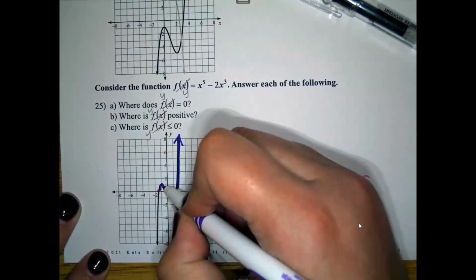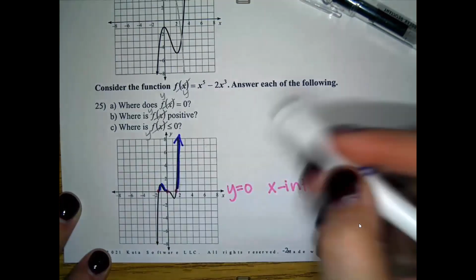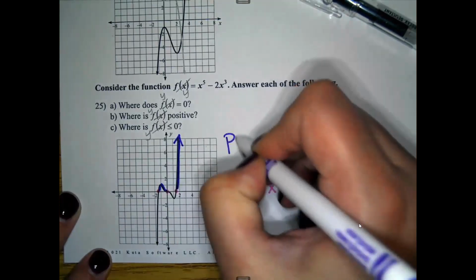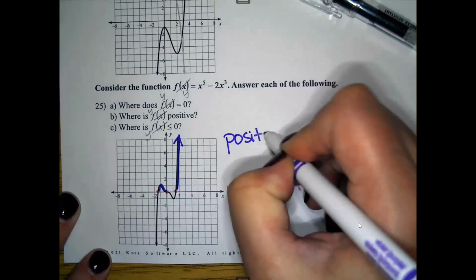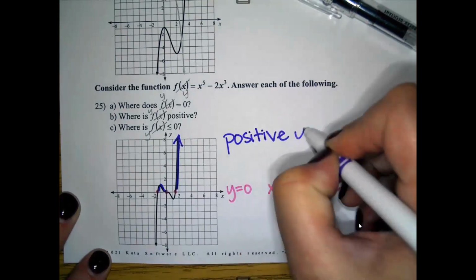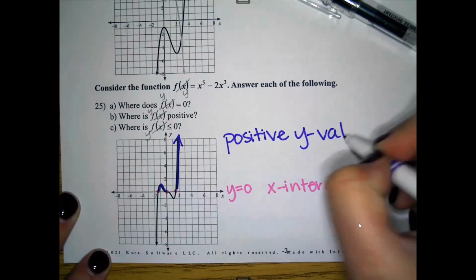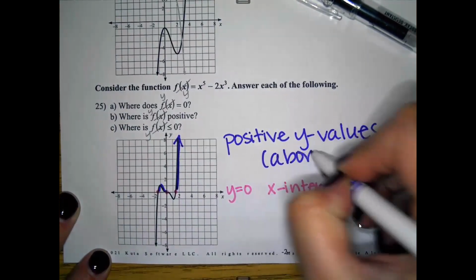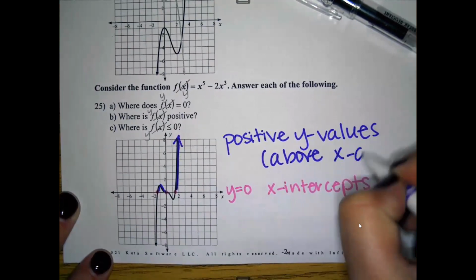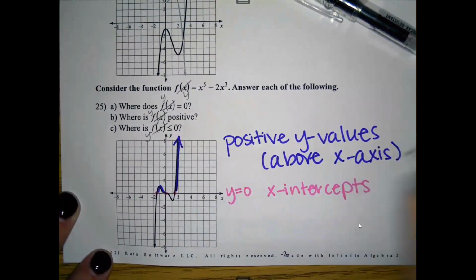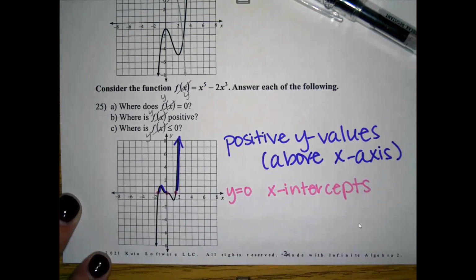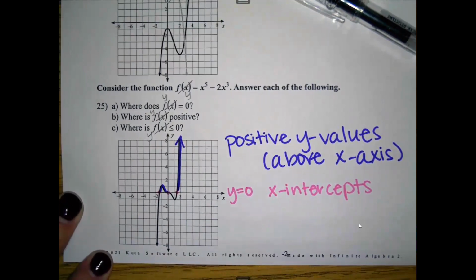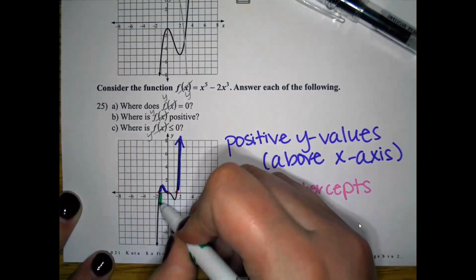And this is where y is positive. Okay, and then where is the y value negative? Below the x-axis.